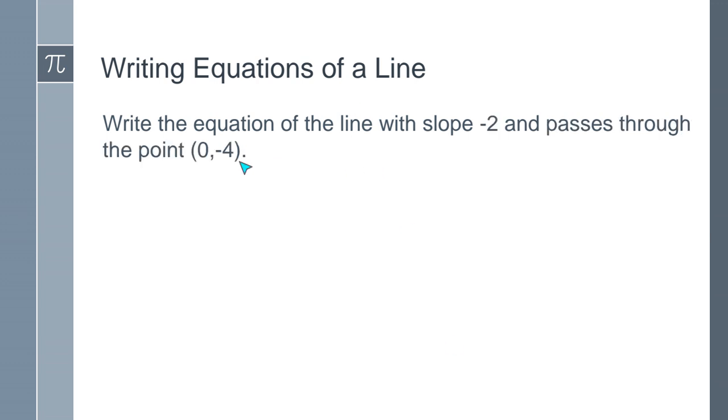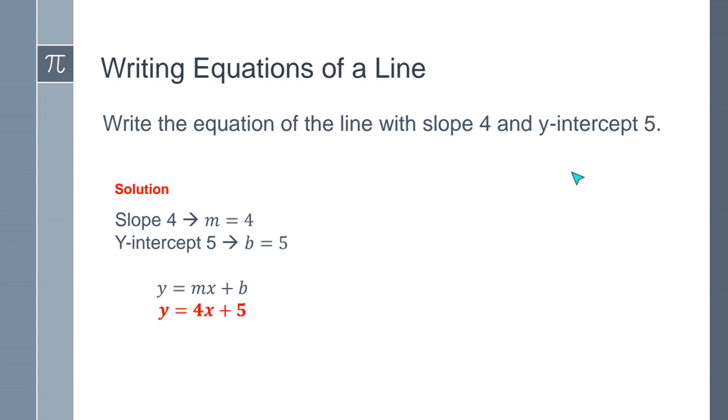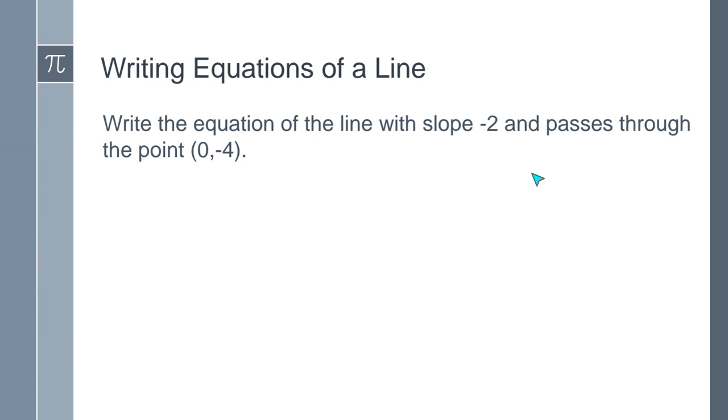Let's try this one. Write the equation of a line with slope -2 that passes through the point 0, -4. In the previous example, they straight out told me the y-intercept, but over here, they don't say that. But do we know the slope? Yes. Now we look closer at this point here. This is a special point because x is 0. That means that -4 is going to be my y-intercept.